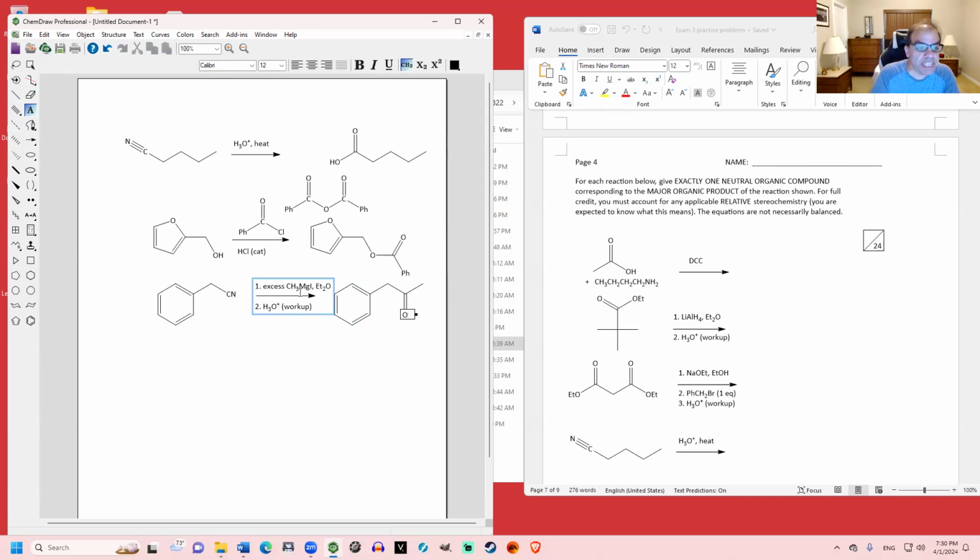And then whatever is attached to the magnesium gets attached to that same carbon. So this CH3 right there was in the methyl magnesium iodide. That CH3 comes from this reagent. So treatment of a nitrile with a Grignard reagent or alkyl lithium for that matter, they're interchangeable, gives you a ketone.